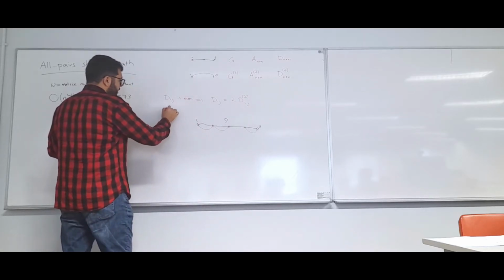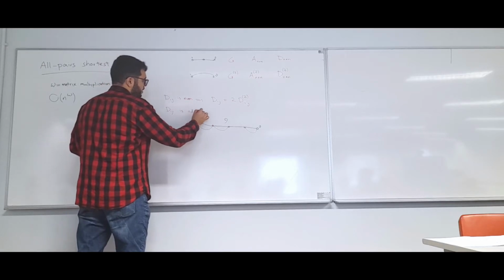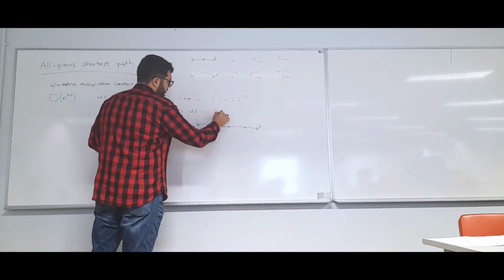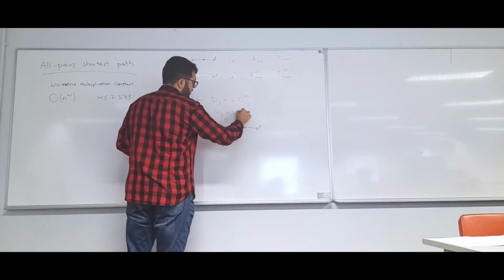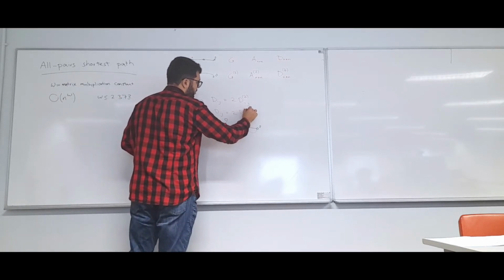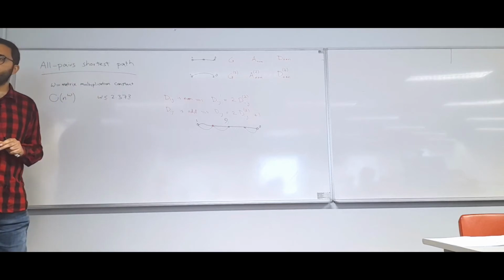But if this distance was odd, then the distance from i to j in the original graph is twice the distance from i to j in this new graph plus 1. Okay?